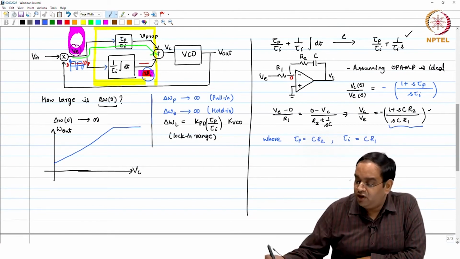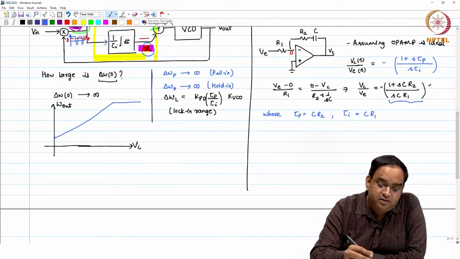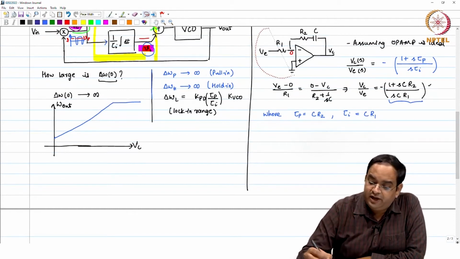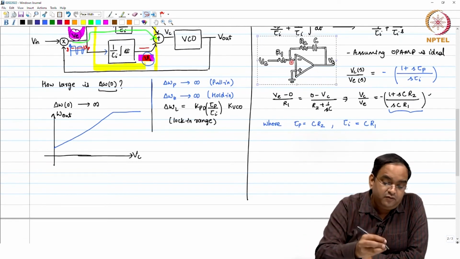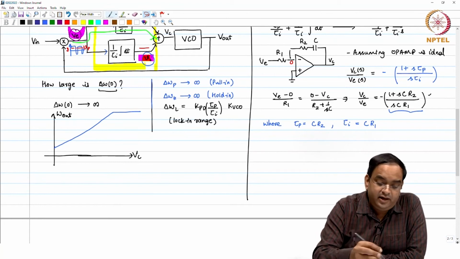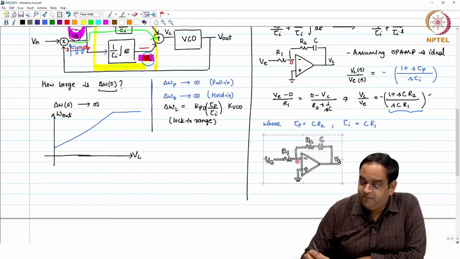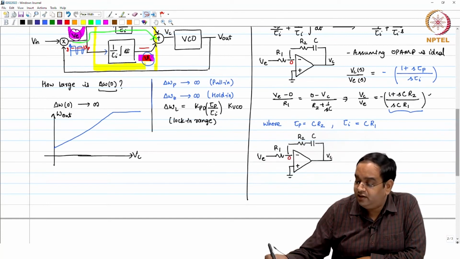The problem arises because this loop filter which you are seeing here does not have an ideal amplifier, the amplifier happens to be non-ideal.